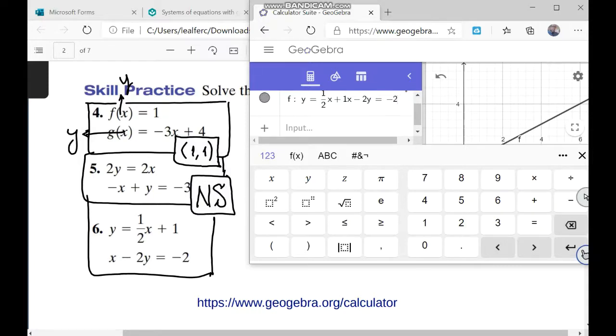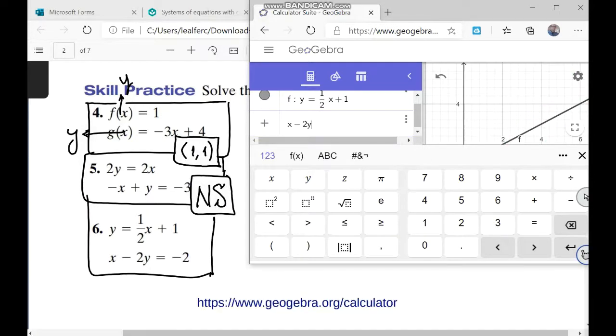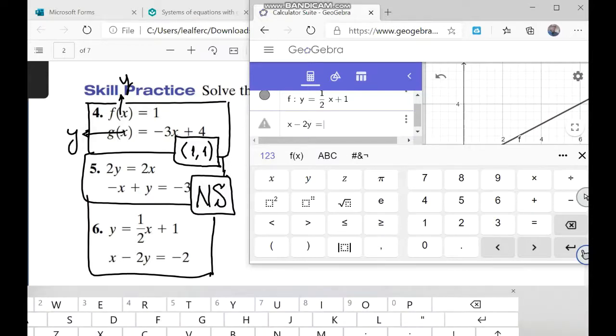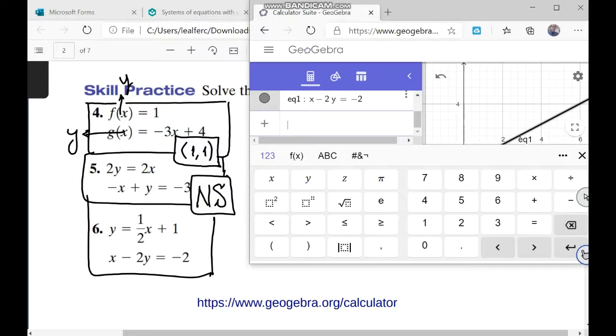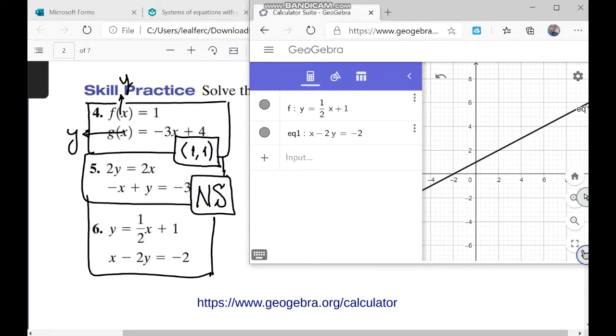Oops, no, something wrong. Plus 1, that's it, plus 1. Enter. The next equation, x minus 2y equals -2. Enter. And now we check the graph and we're going to find only one line.